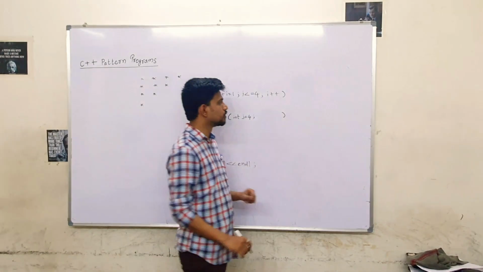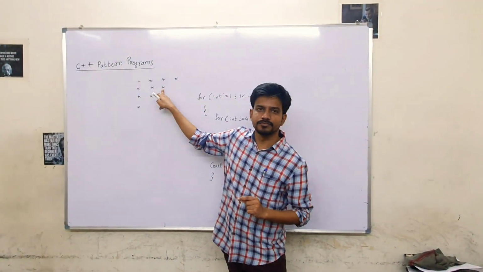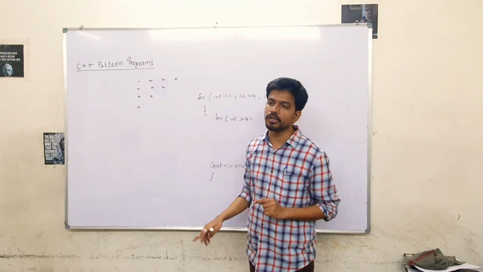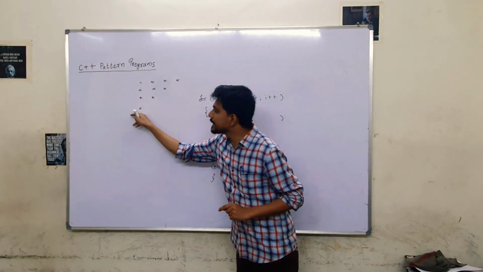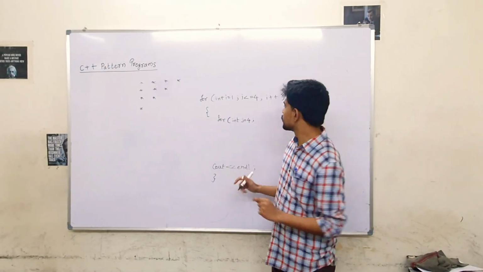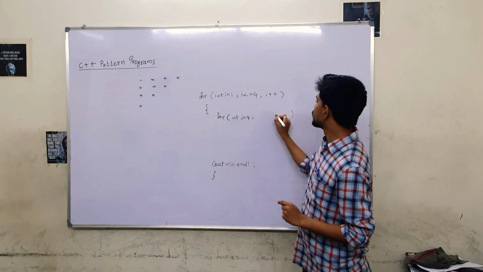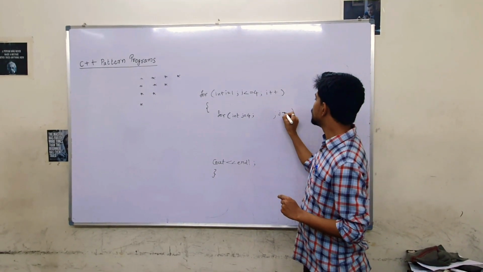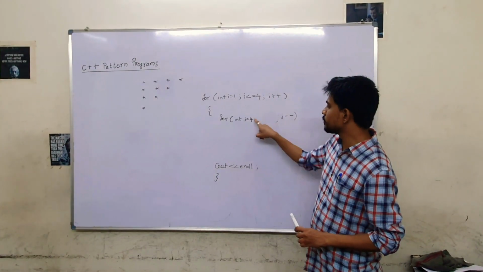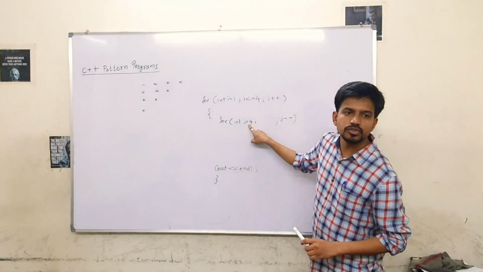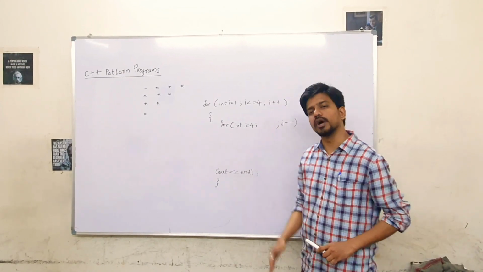But then on the second line there are 3 things, on the third line 2 things, and on the last line only 1 thing. It means I will not increment j, rather I will decrement j. This is the decrement operator which will decrement the values of j from 4 to 3 to 2 to 1.